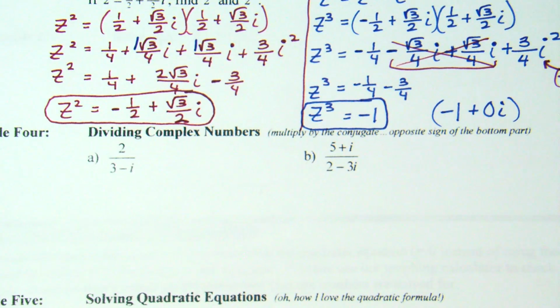So if this is 3 minus i, what's the conjugate of 3 minus i? 3 plus i. Now, if I multiply the denominator by 3 plus i, guess what? You multiply the numerator by 3 plus i.